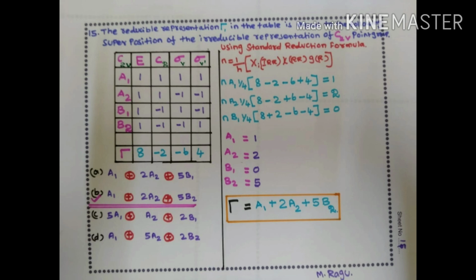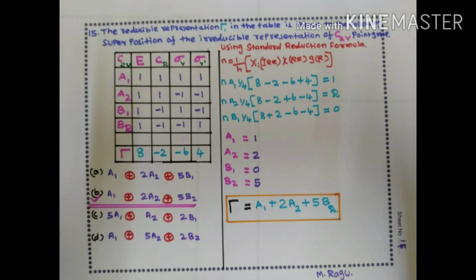A1, A2, B1, B2 are the Mulliken symbols for the irreducible representations. A1 is 1 1 1 1, A2 is 1 1 minus 1 minus 1, B1 is 1 minus 1 1 minus 1, B2 is 1 minus 1 minus 1 1. The reducible representation is 8, minus 2, minus 6, 4.